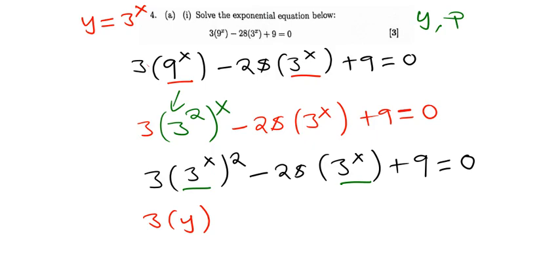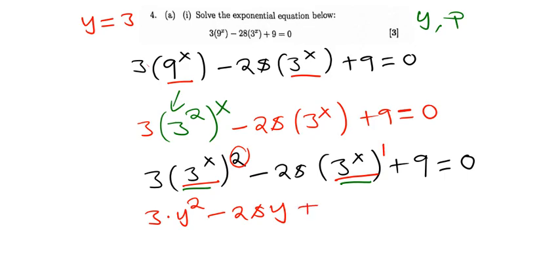So don't forget there's a 2 there. So let me just go direct anyway. There's no need to waste time there. So we're going to remain with 3 multiplied by y to the power 2, minus 28y, since y doesn't have a power, so it's the power 1, and then plus 9 equal to 0.